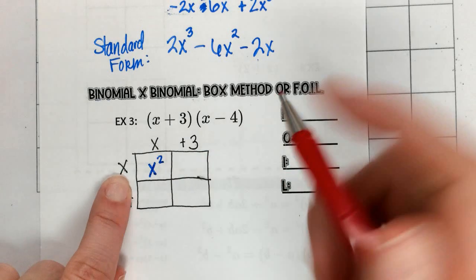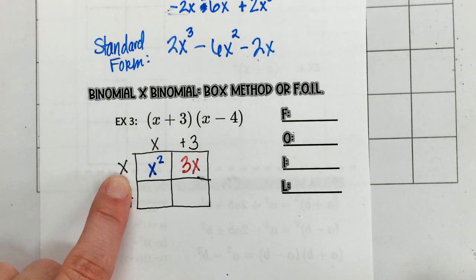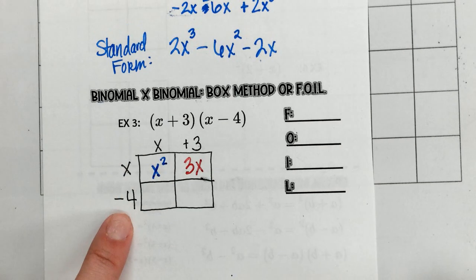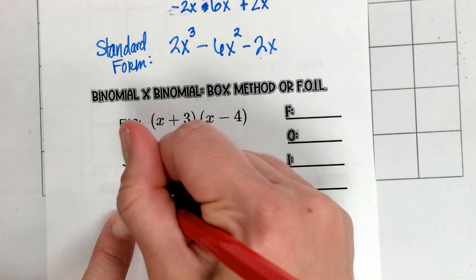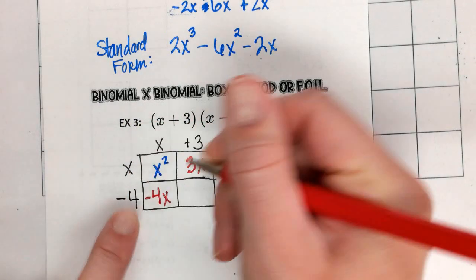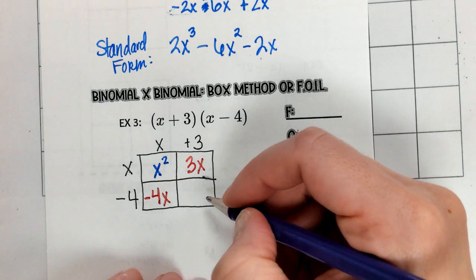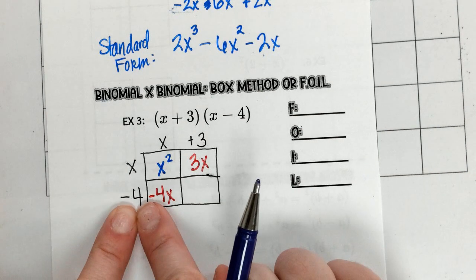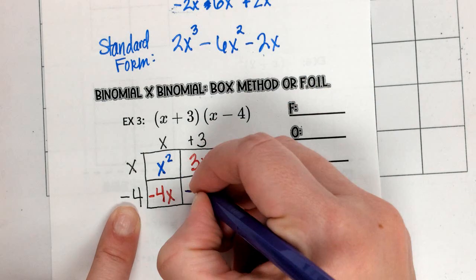So x times 3 is 3x. And down here, negative 4 times x makes negative 4x. And then in the bottom right corner is just our two constants. So negative 4 times 3 is negative 12.